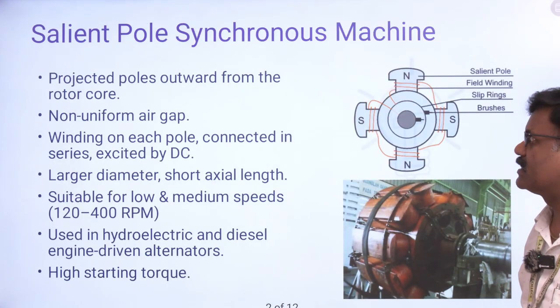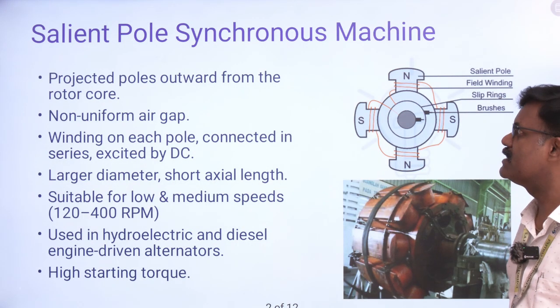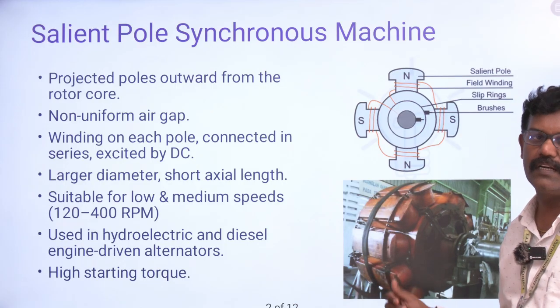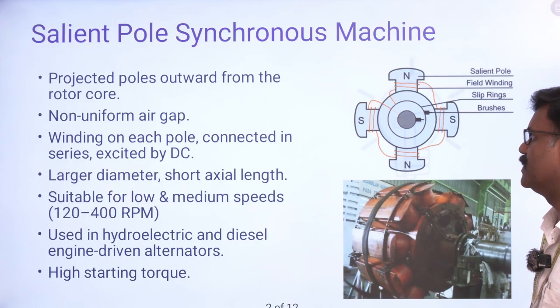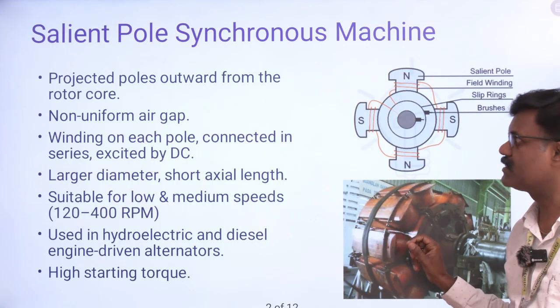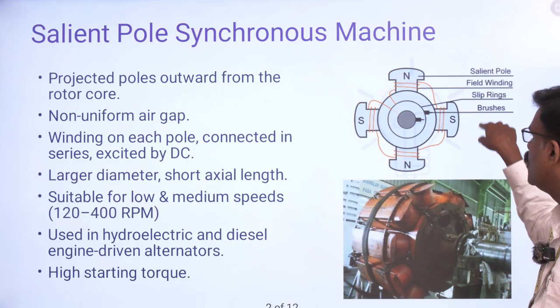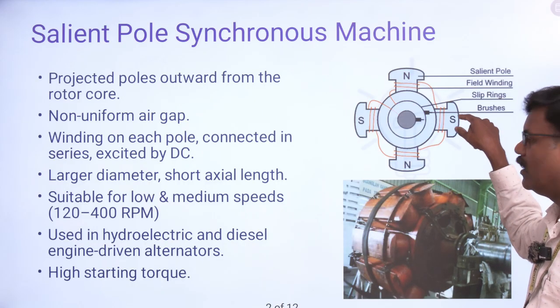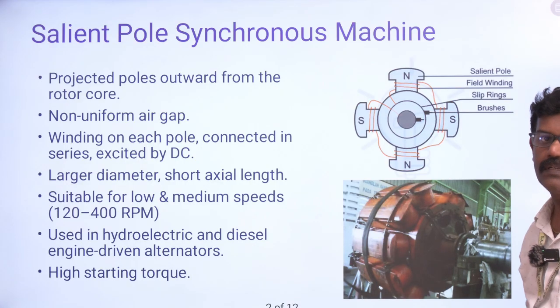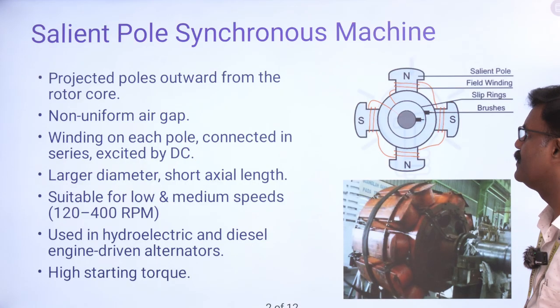So next we are going to discuss two different categories, salient pole synchronous machine and non-salient pole synchronous machine. Salient pole synchronous machine: its rotor has a projected pole structure. The rotor poles are mounted on the rotor shaft.